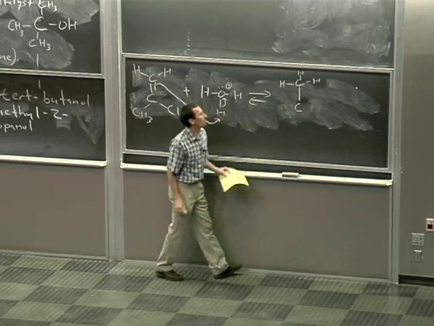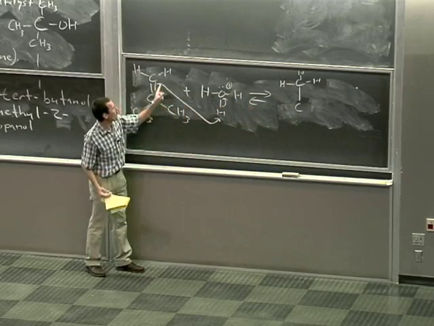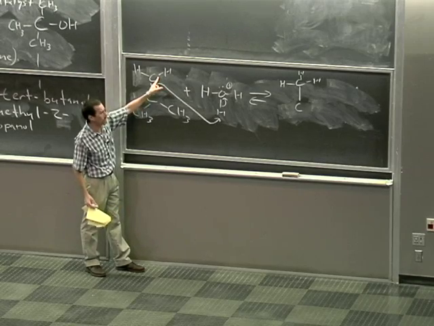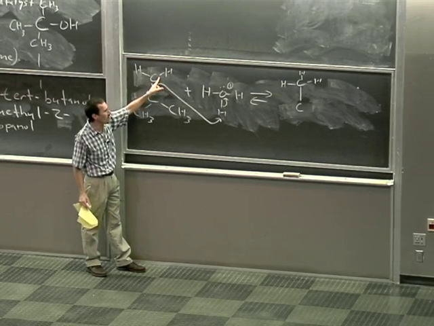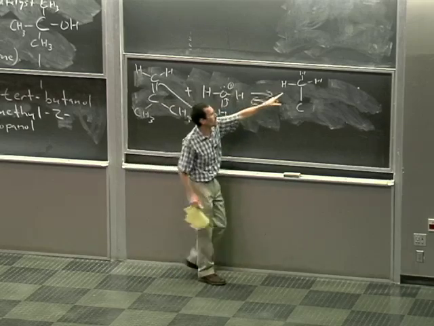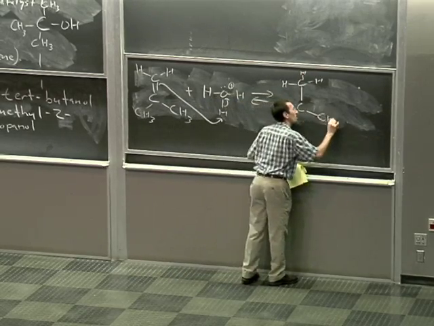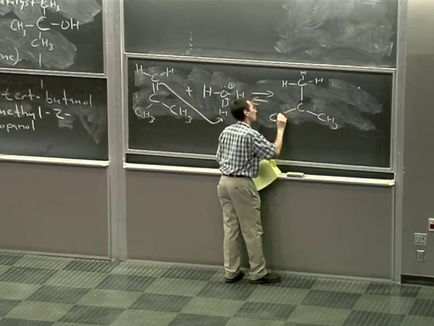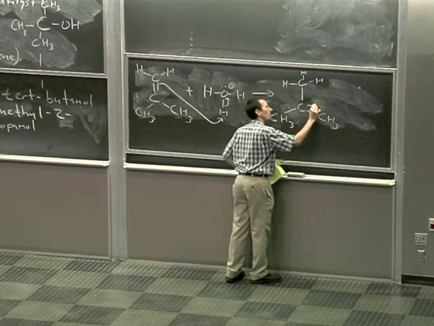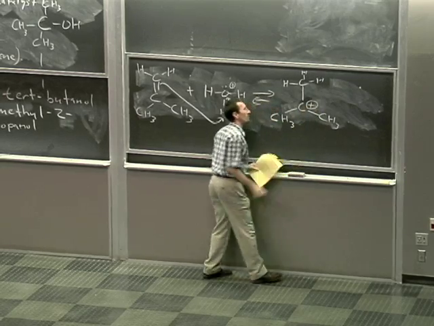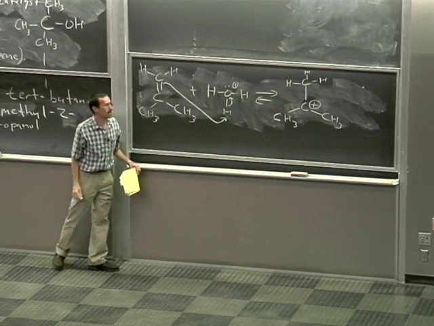We end up with that proton now attached to this carbon atom. So we've gone from a carbon with 2 hydrogens around it to a carbon with 3 hydrogens around it. We have a tert-butyl carbocation.